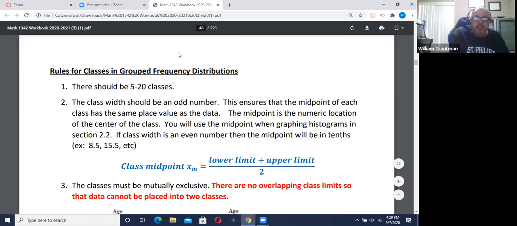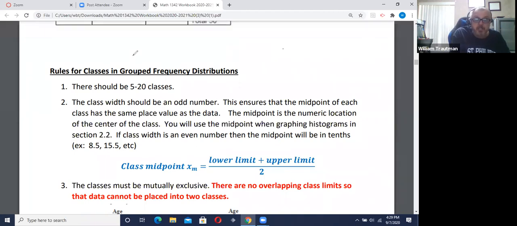So it says if you're going to make a frequency distribution table, here are some rules. You should have 5 to 20 classes, so 5 to 20 rows. It could go 6 to 11, 12 to whatever, just keep on. There should be between 5 and 20.